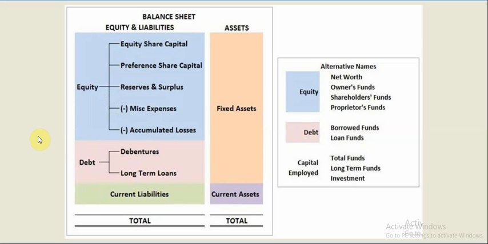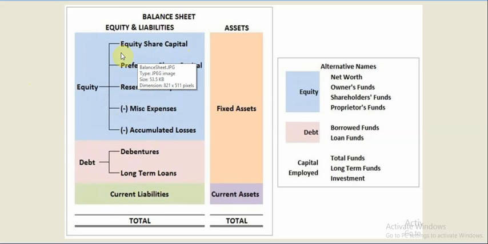Okay, so first we will discuss equity and then we will move on to other components. Under equity, the first thing that we have is equity share capital. So what is equity share capital? You must very well be knowing that equity share capital is the capital that we receive from equity shareholders.